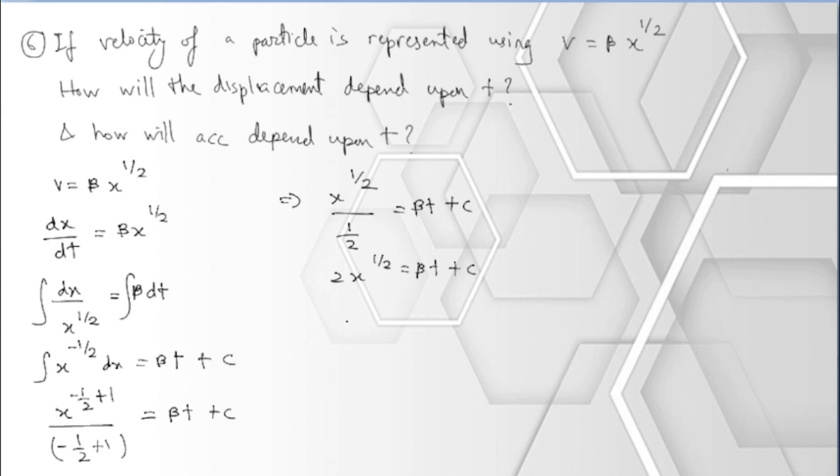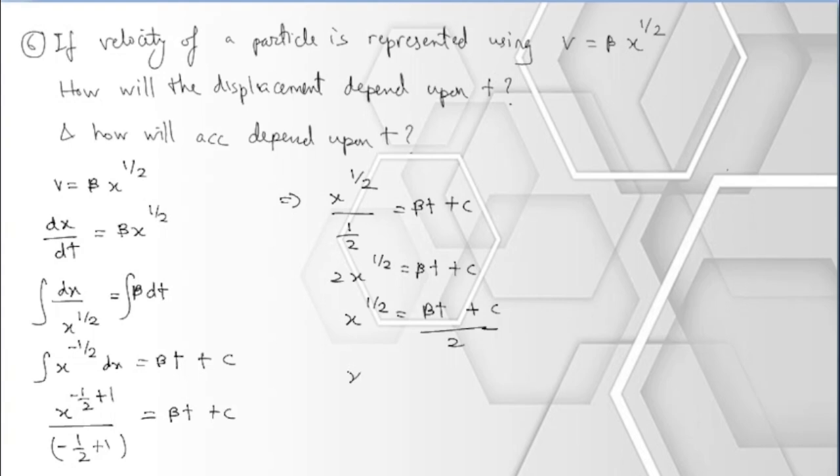Now we need the dependency of displacement on time, right? From this expression we can see beta t plus c by 2 equals displacement to the power of 1 by 2.